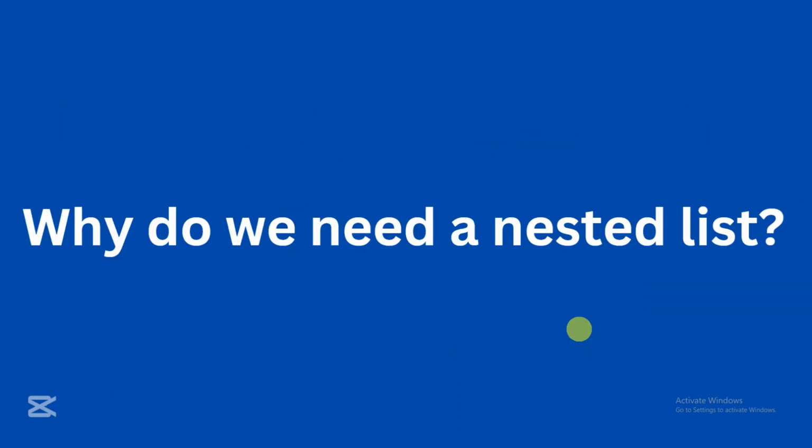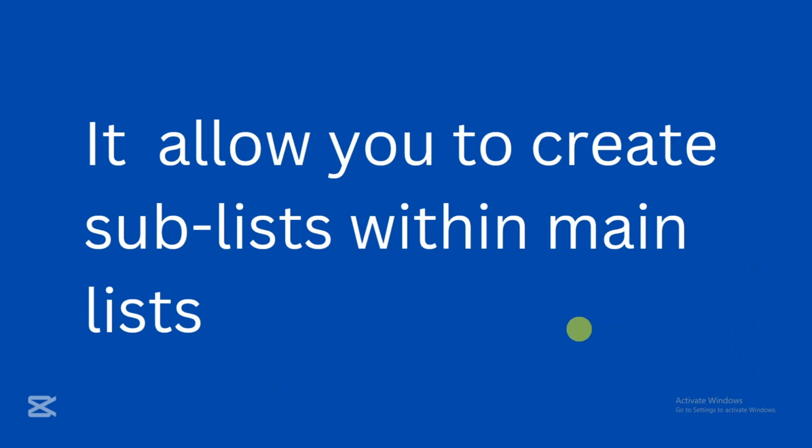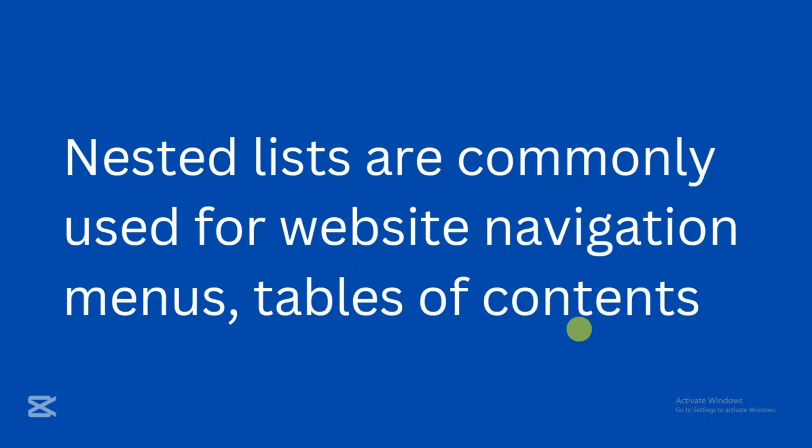So why do we need a nested list in our HTML document? When you nest a list, it allows you to create sub lists within the main list. So nested lists are commonly used for website navigation.